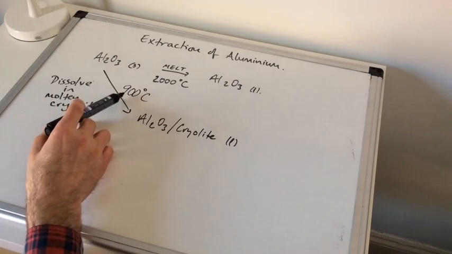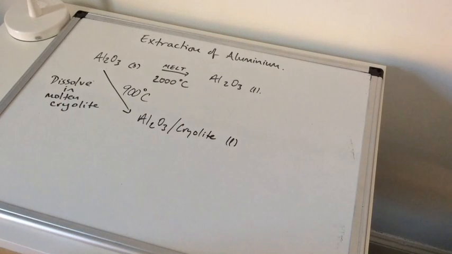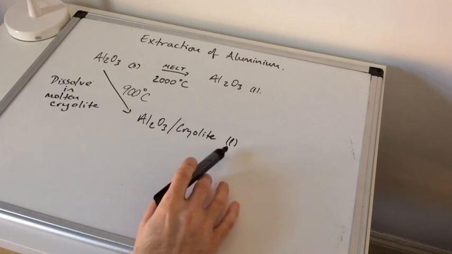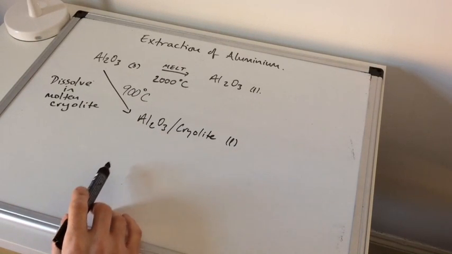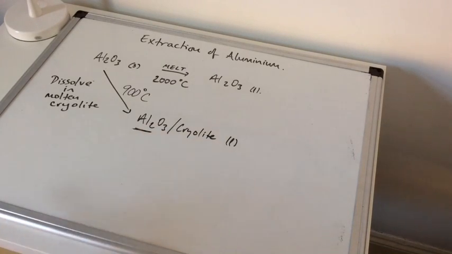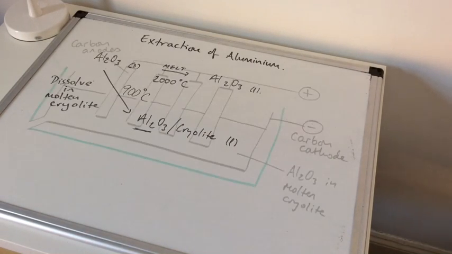That's going to be cheaper, it's going to use less energy, and so that's got to be better. So now we've got the aluminium oxide in a liquid form, we can pass electricity through it and release the aluminium from the oxygen, and that's done by electrolysis. So we'll have a look at that now.